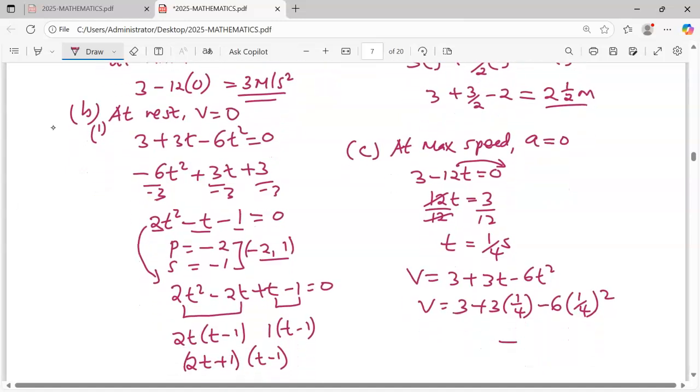If you make use of the calculator, the value of v is 3 and 3/8 meters per second as the answer to this particular question.